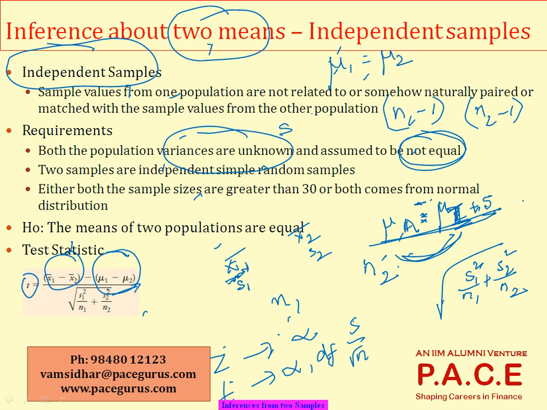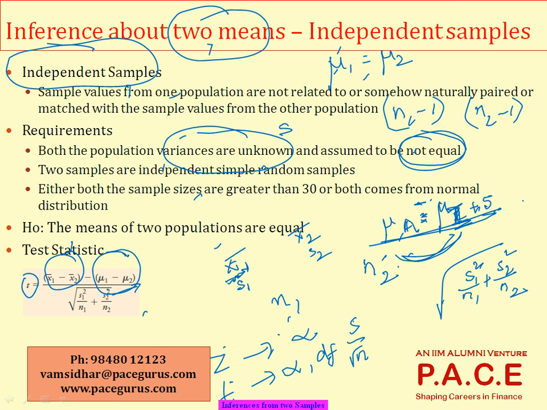We bring in a concept of pooled variance, just like the way we brought in pooled proportion, in case we come to know that the variances, though unknown, can be assumed to be equal. If they are assumed not to be equal, then I can use this particular t-test.